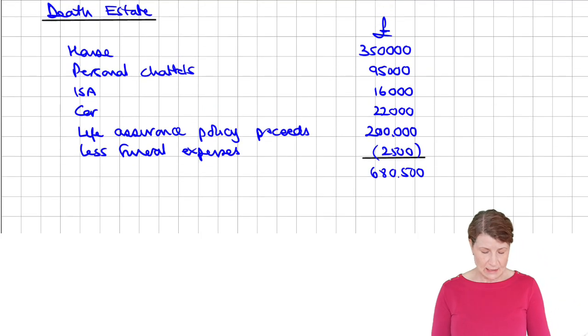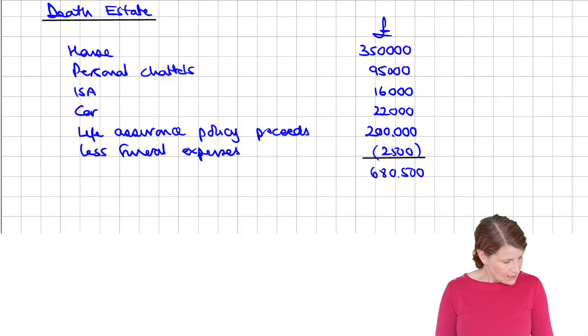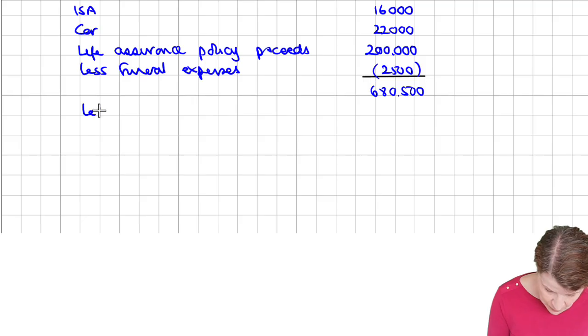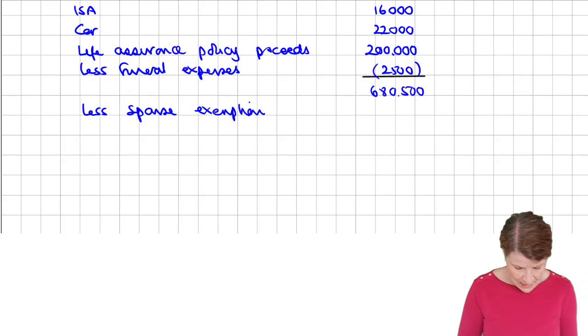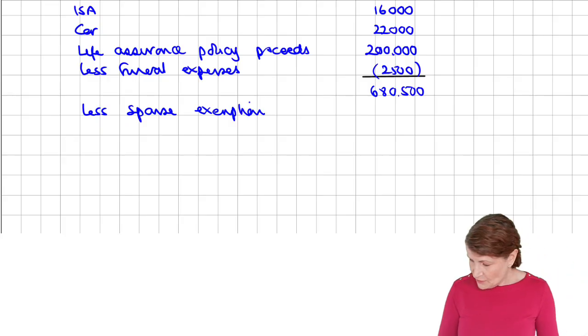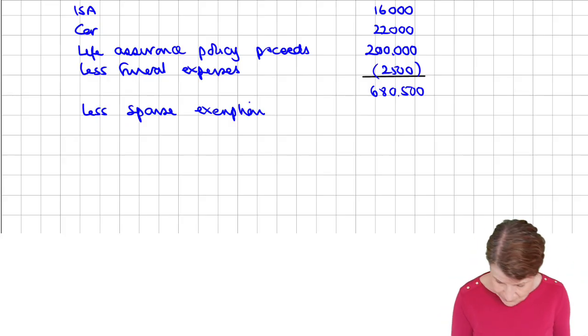So that's our assets less our liabilities. And we've got the spouse exemption, haven't we? Because he's left the house to his wife. So less the spouse exemption, and the house is valued at 350,000, isn't it?